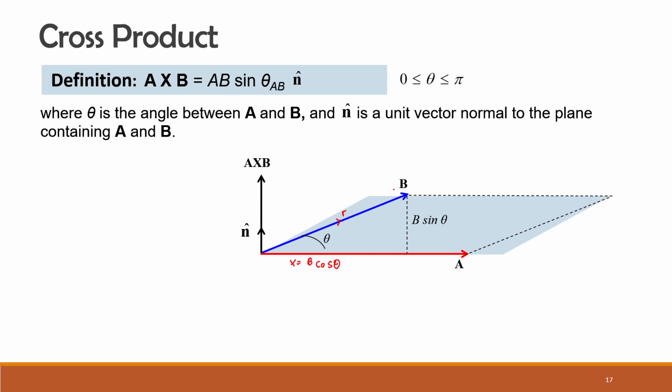For the cross product, you notice the magnitude A times B sin theta is actually this vertical. That's why the magnitude of the cross product is equivalent to the area of the parallelogram.